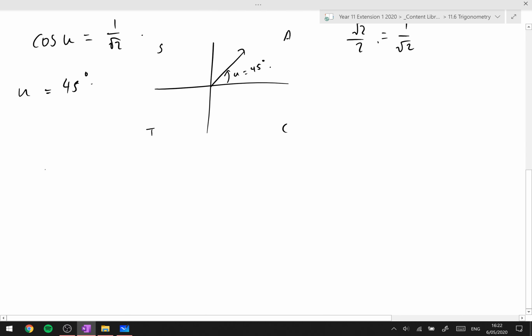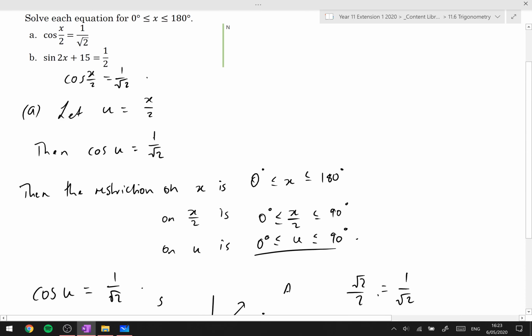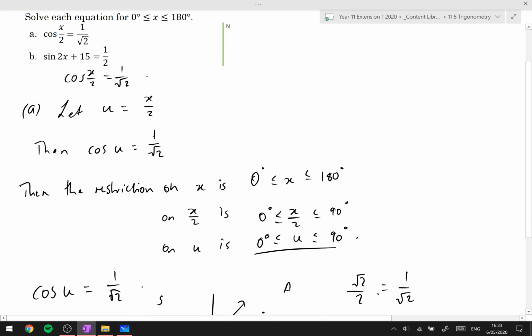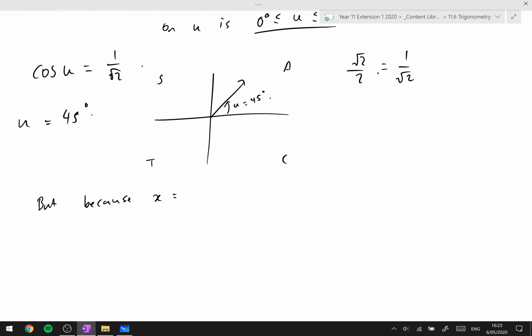Now, we need to go back to our restriction. But our restriction says that, well, x, what is x? How is x related to u? Because we don't care about cos of u. What we're trying to answer is, well, when is cos of x on 2 equal to 1 on root 2? Okay, so let me write it like this.